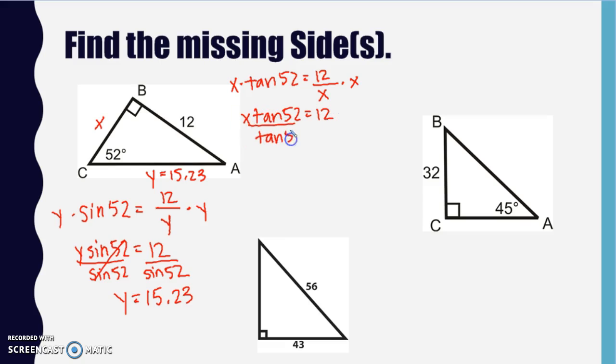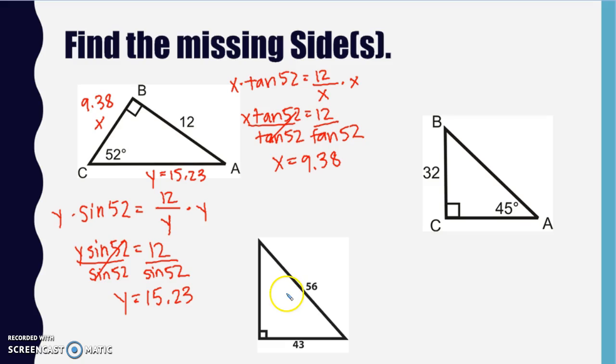Divide by tan of 52. So we get x equals 9.38.